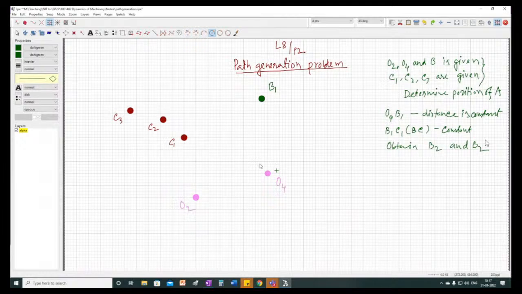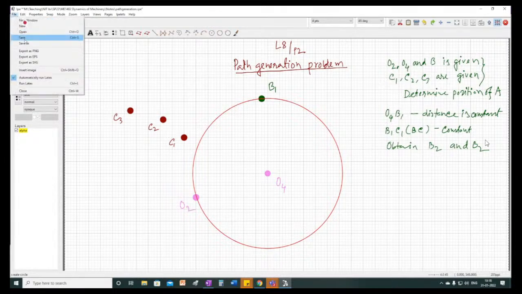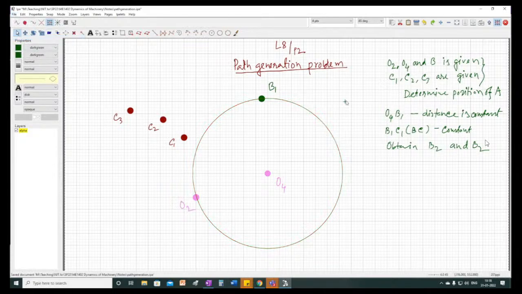So what I am now doing is drawing a circle on which the B point would be. Obviously, the point B would lie on this circle because O4B1 is a constant. Right.